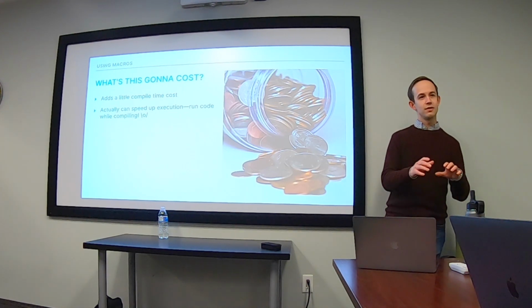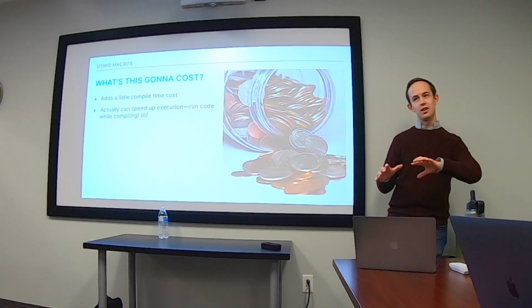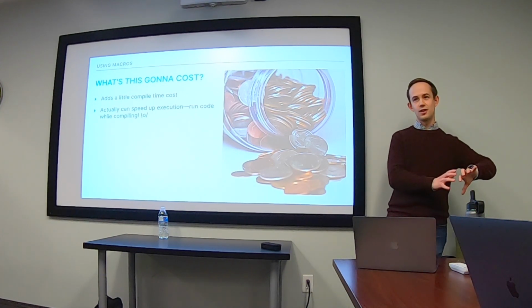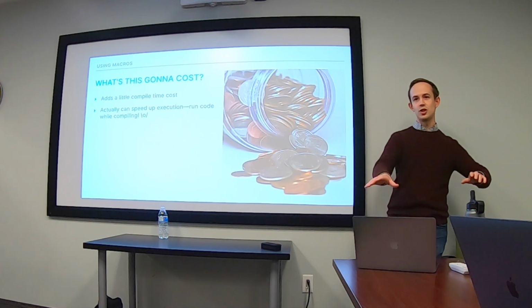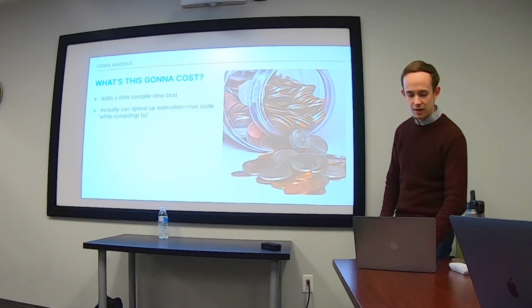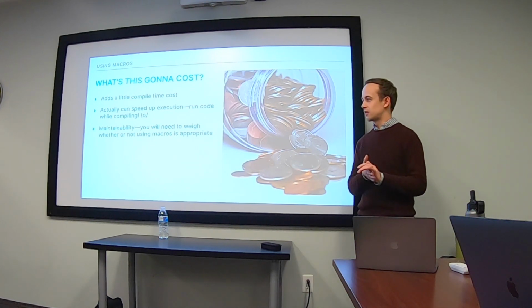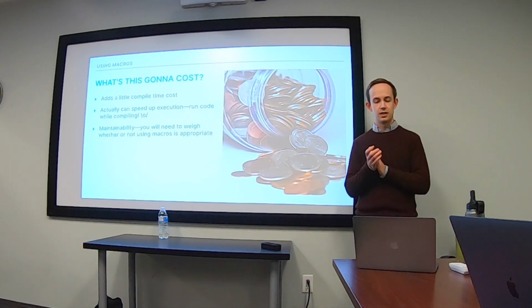So you can shift all of your order n operations into the order 1 operation of doing this once at compile time, then shipping, and then you'll never have to worry about that again. Which is cool. The biggest thing to concern yourself with is maintainability.